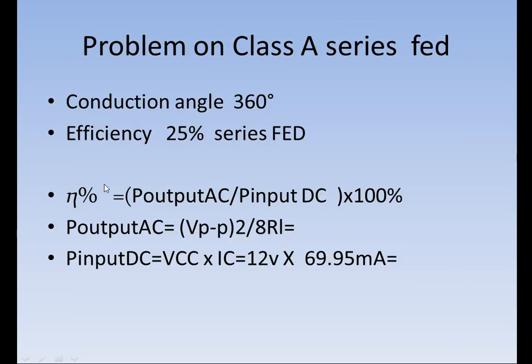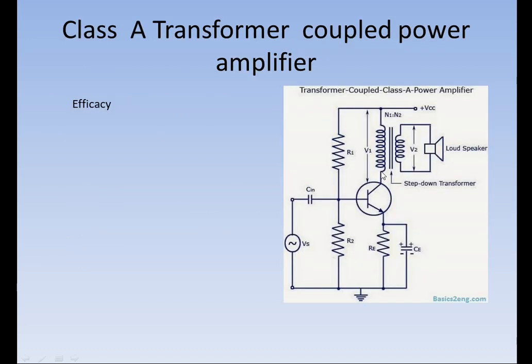We'll see the details afterwards. The second one is transformer coupled. Here, instead of a resistor, we take a step down transformer, which is connected to the load. Biasing is there, so it will conduct for the entire signal.